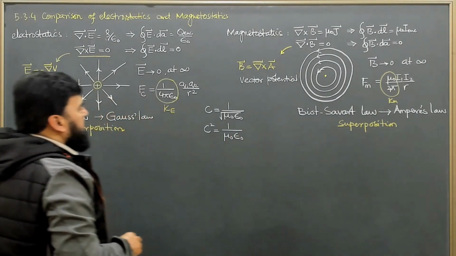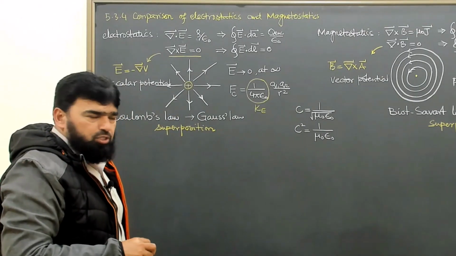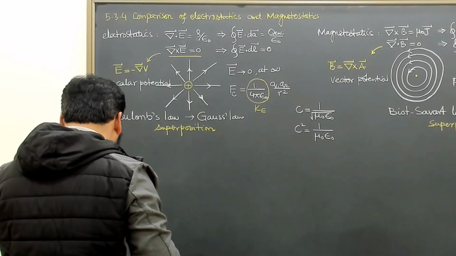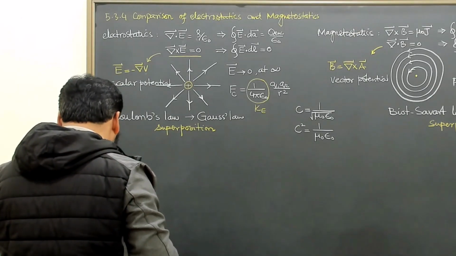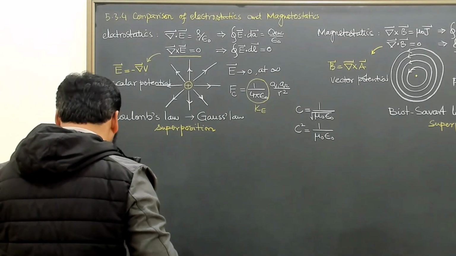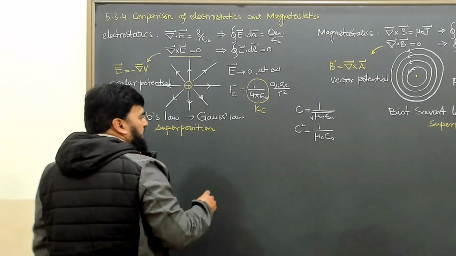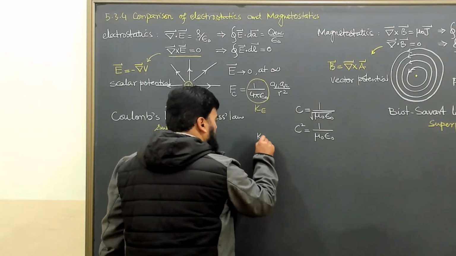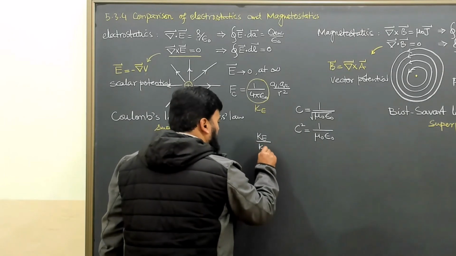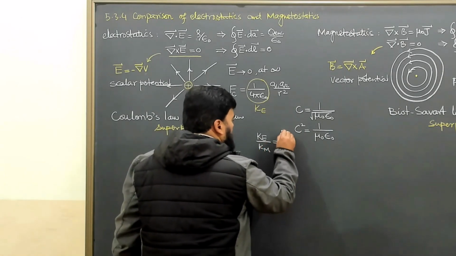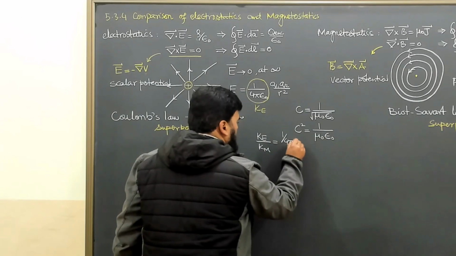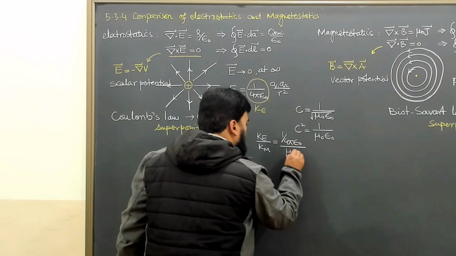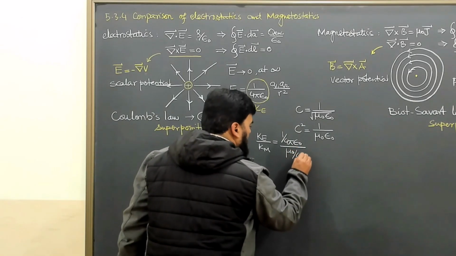Now if I divide the two constants, Ke over Km, then this is 1 over 4 pi epsilon naught, and this is mu naught over 4 pi.